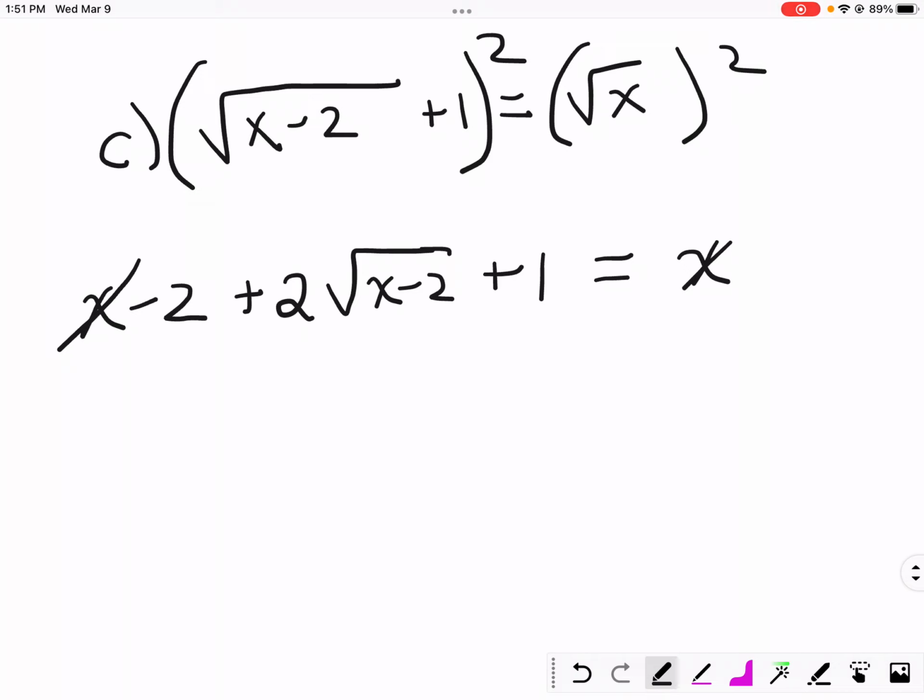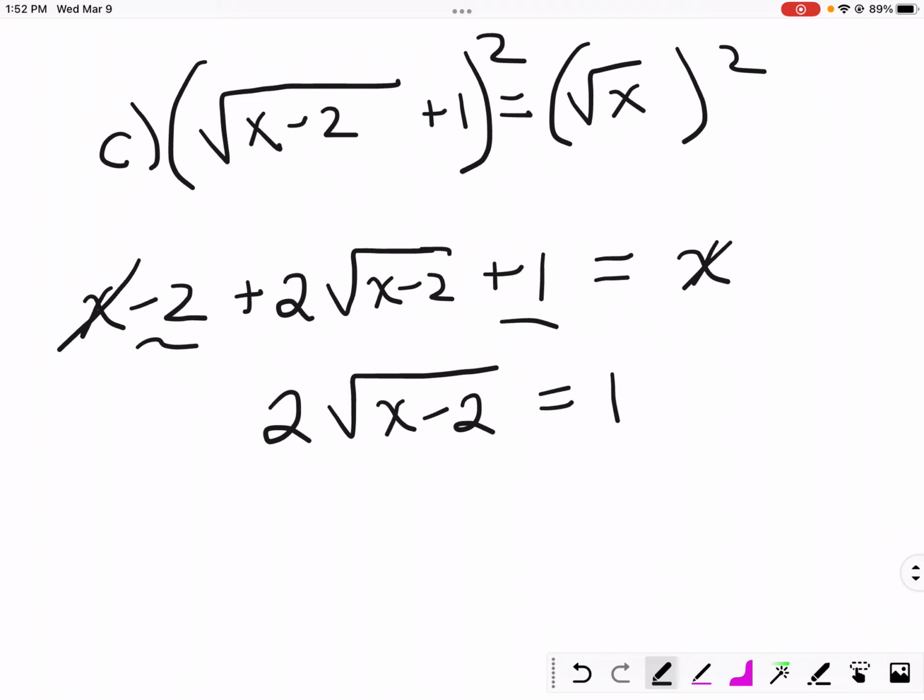I can either combine those two first, making them negative 1. Bottom line is I'm going to wind up adding 1 to both sides. I'm going to wind up with that. Okay? At this point, I can leave the 2 where it is, or I can divide both sides by 2. It doesn't really matter.